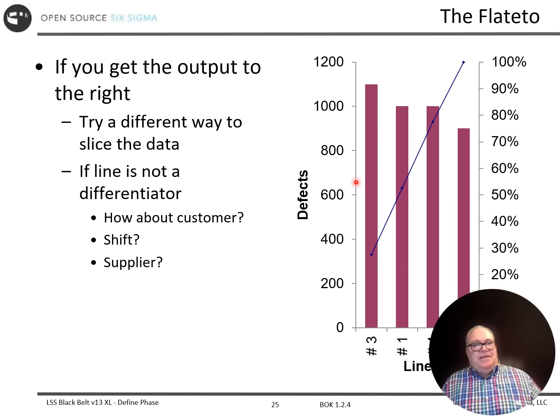Now you can think of perhaps maybe there's a different way to slice the data. So maybe production line isn't a good way to slice it, but maybe product type is, or customer that we deliver to, or maybe it's shift, or maybe it's our supplied raw material.